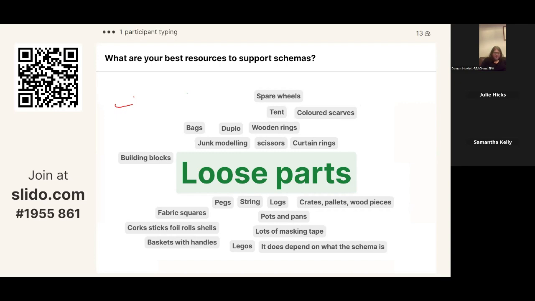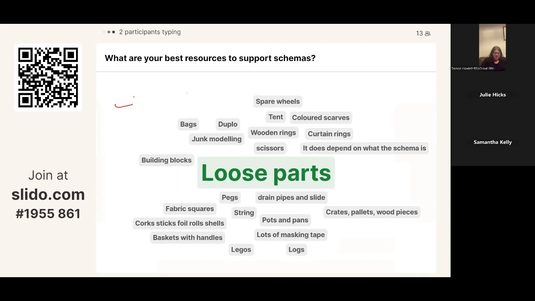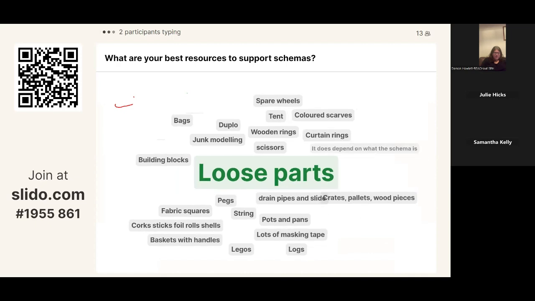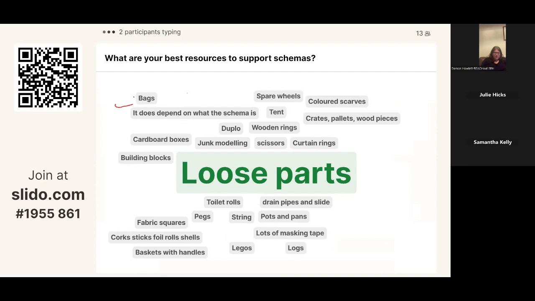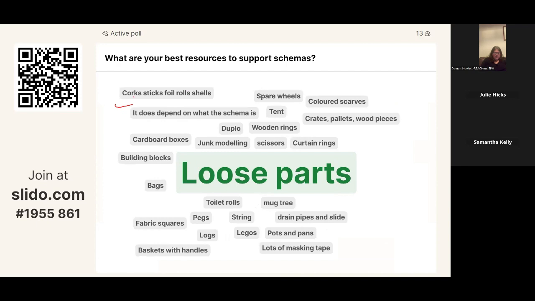They are just such valuable resources, because if you've got a really enabling environment that has lots of loose parts, that the children can access fabric and pegs and string and logs and crates and wooden rings and scarves and cardboard boxes and Lego and whatever else you've got, they can use those in the way that their brain is telling them to experiment.